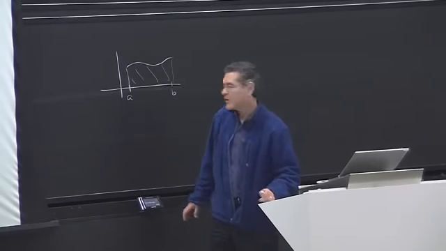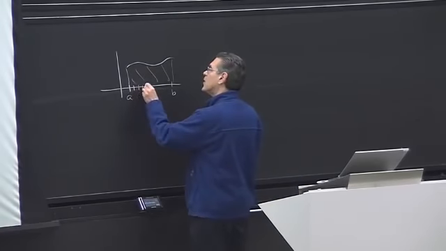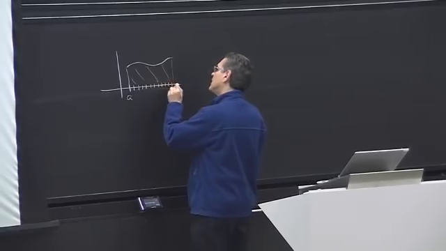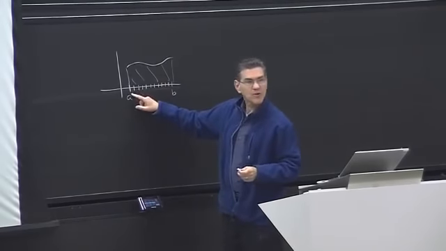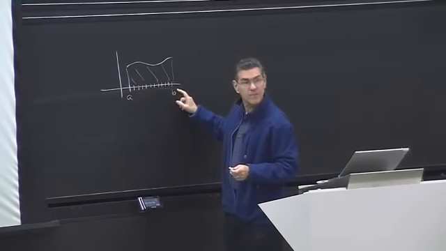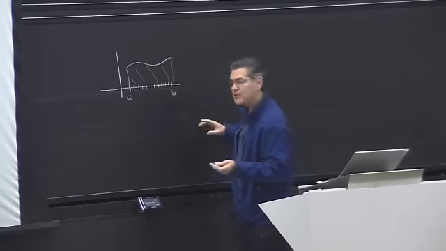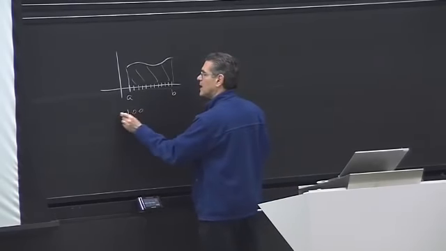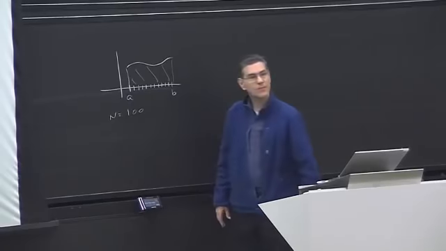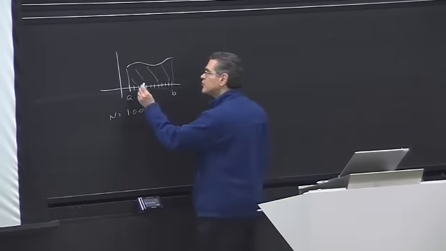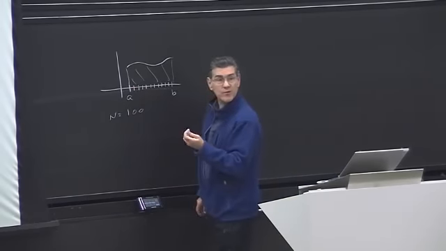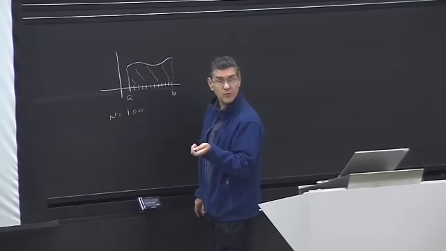Well, a very simple thing to do is just to break up the region from A to B into, let's say, 100 points. N equals 100. And then use the trapezoid rule. Do you know what the trapezoid rule is? Very simple.